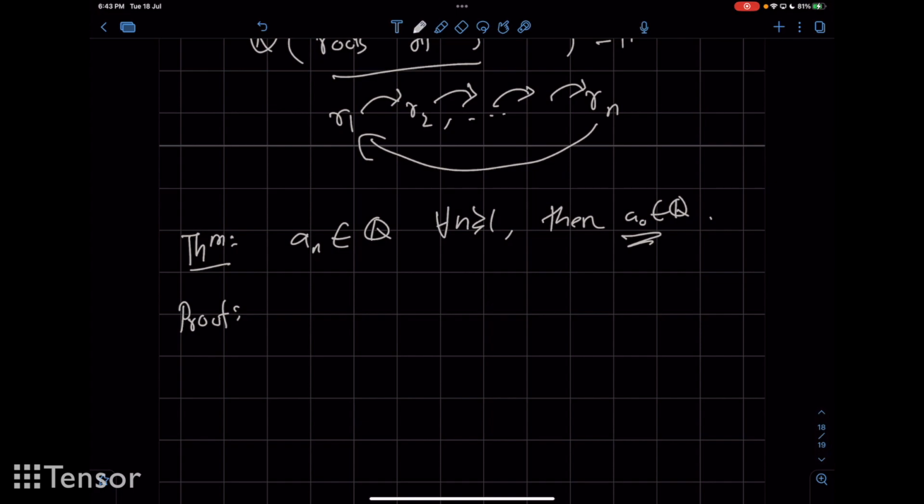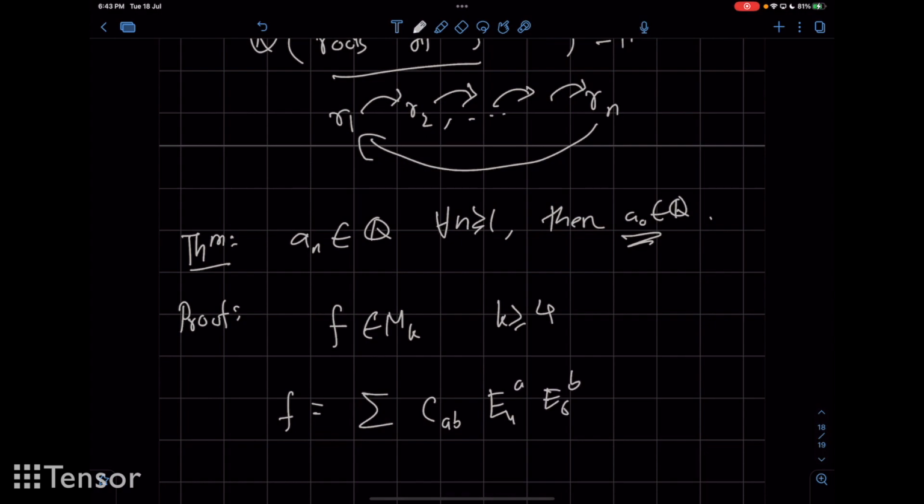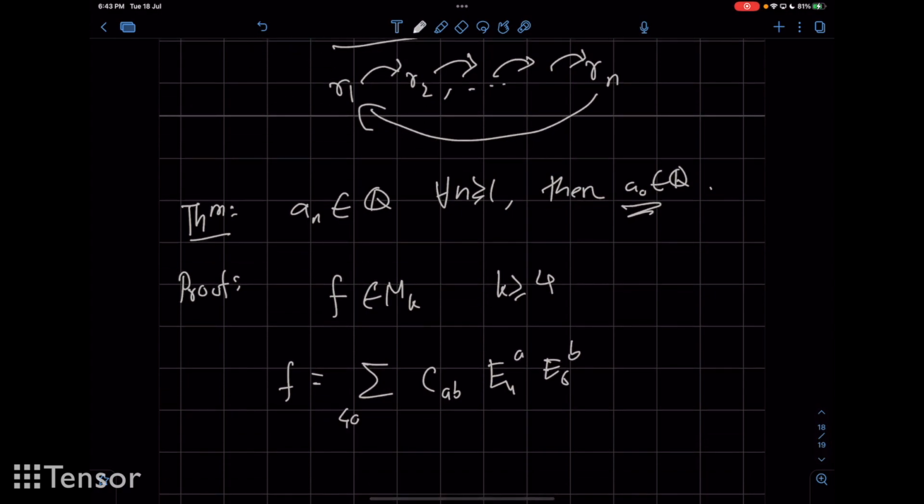So without loss of generality, we can assume that k is at least 4, right? Because if k is smaller than 4, then the modular form of weight k is a trivial one. So it has an Eisenstein basis, and we can write f as the sum of c_ab E4^a E6^b, where the sum is over all 4a plus 6b equals k.